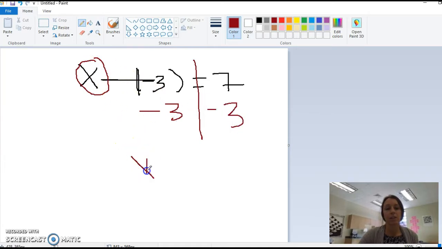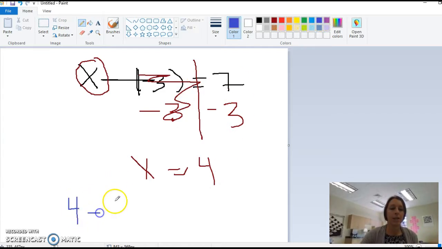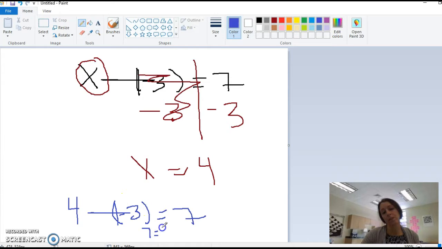So we're left with x equals, these canceled out, 7 minus 3 is 4. So our check is 4 minus negative 3, because that was the original problem, equals 7. Make that a plus. So 7 equals 7.